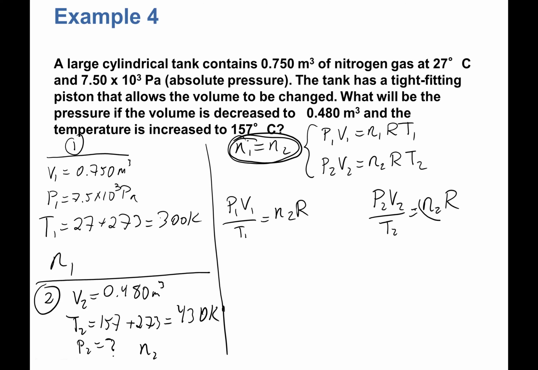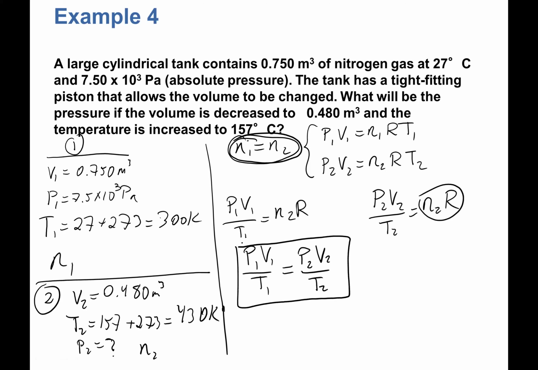So I can say P1V1 over T1 equals N2 R, which is equivalent to P2V2 over T2. This is something you can always assume whenever you keep the number of moles constant during your experiment. This ratio will allow you to calculate things very quickly.